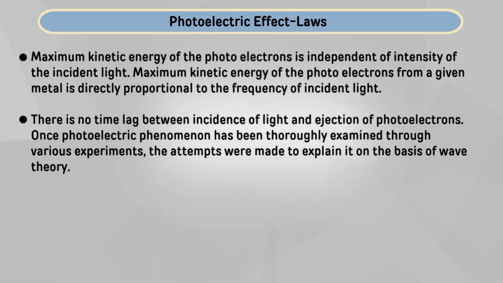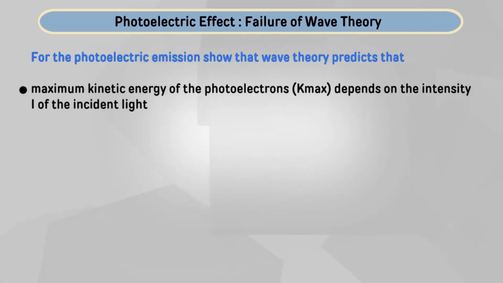Once the photoelectric phenomenon had been thoroughly examined through various experiments, the attempt to explain this behavior started on the basis of wave theory. So, we have the wave theory, the classical theory, the Newtonian theory, and let us discuss the failure of this classical theory.